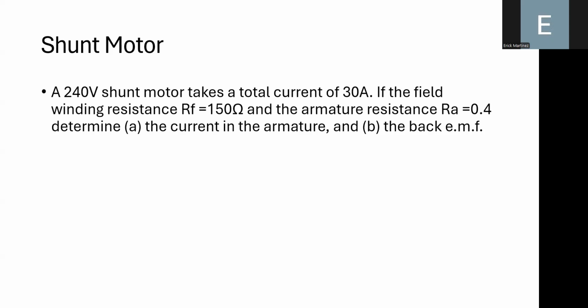So, well, I will annotate all the information first. First, we know that the voltage of the motor is 240 volts. Also, we know that the current that the motor is demanding is 30 amperes. And also, we know that the field winding resistance is equal to 150 ohms.